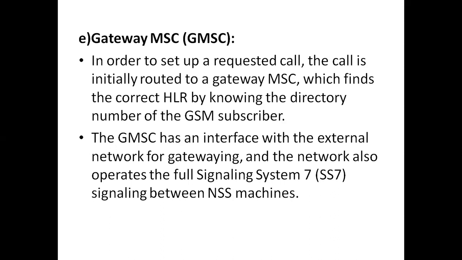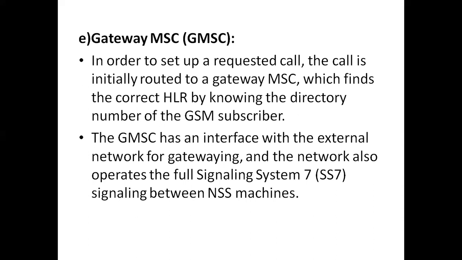In the MSC, we have the gateway MSC, and what does the gateway MSC do? The gateway MSC interfaces with other GSM users or non-GSM users. Okay. So the gateway MSC finds the correct HLR by knowing the directory number of the GSM subscriber.